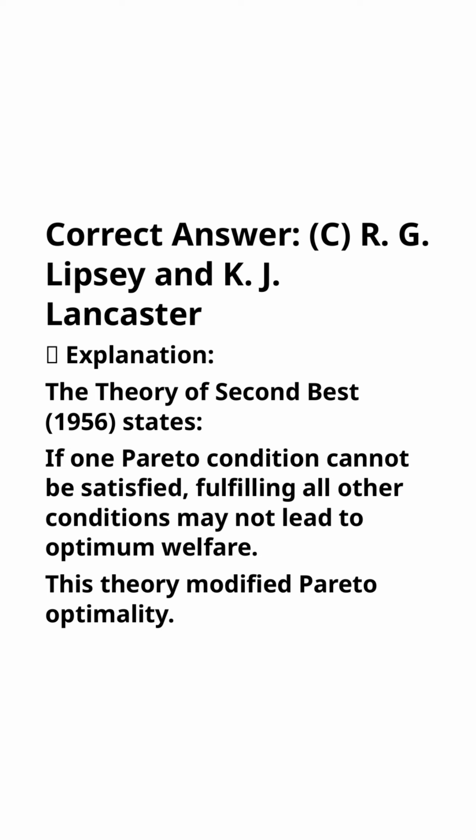This idea is encapsulated in the theory of second best, which was introduced back in 1956 by R. G. Lipsey and K. J. Lancaster. The theory suggests that when a particular optimality condition is broken, fixing the others might not improve overall welfare. In fact, it could even make things worse.